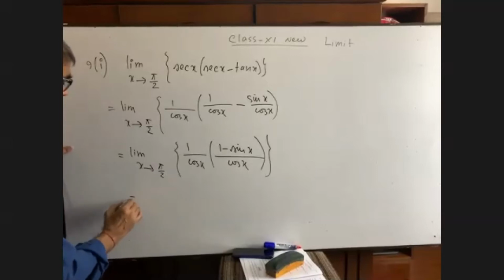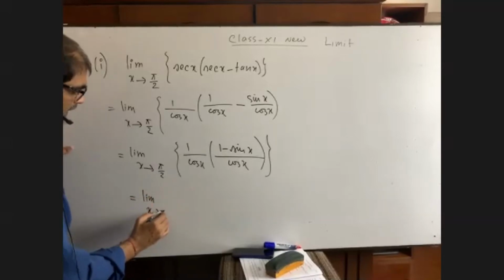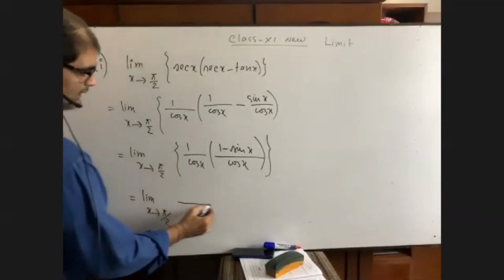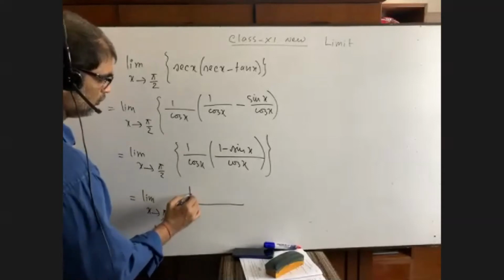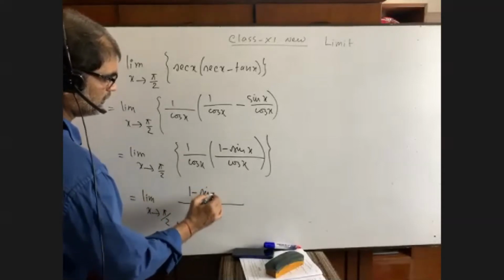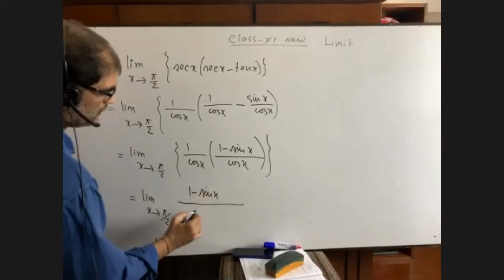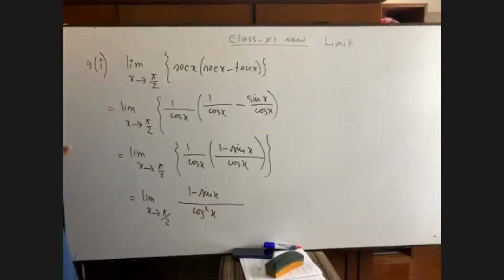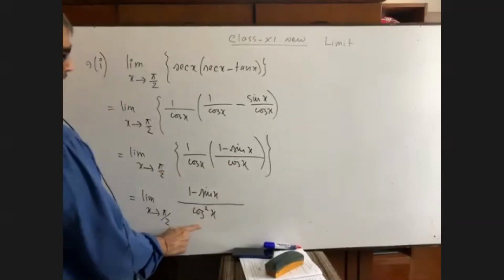That means limit x tends to pi by 2. Here we are getting the math like this: 1 minus sin x by cosine x, cosine square x. This has been multiplied here.